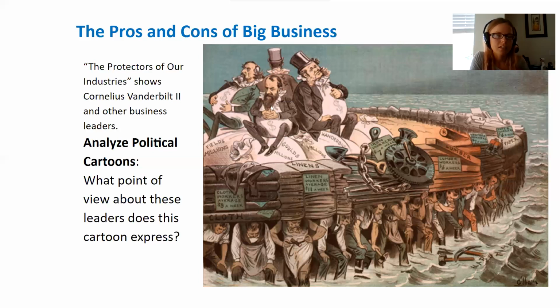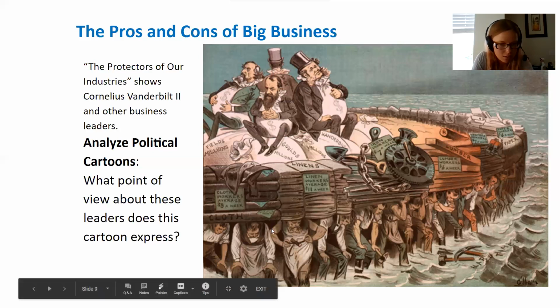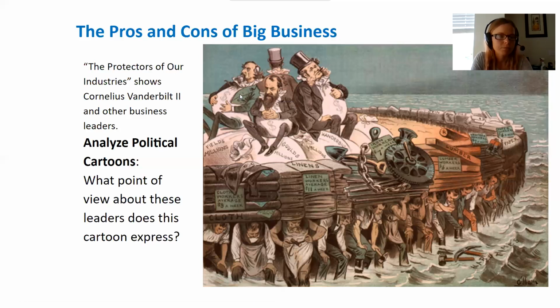So that could be saying that these guys are very rich, probably indicating, especially from the nature of their clothing and what we've been talking about, their hats, that these are the robber barons or the captains of industry. But considering how they're drawn, to be made to look kind of greedy because they have all this money and they're sitting on what looks like all these poor workers, they would be considered robber barons, right?